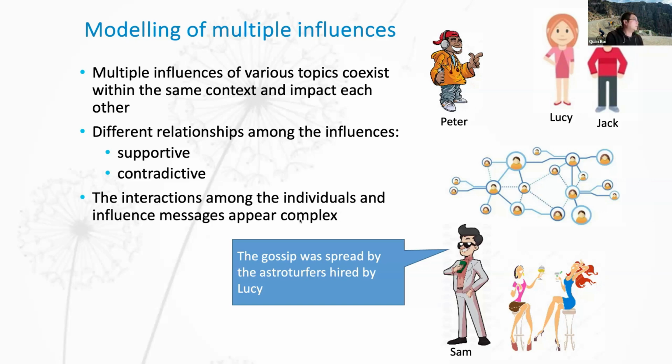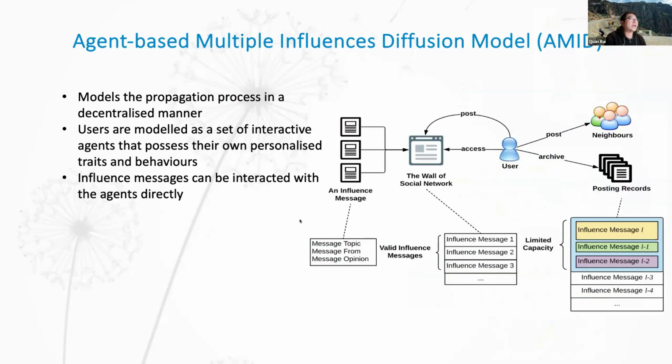So we try to use an agent-based model to simulate and also model multi-influence diffusion. Based on the agent-based model we proposed earlier, we modified the model to make it suitable to simulate the propagation of multiple influences.